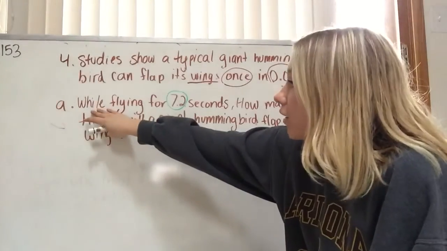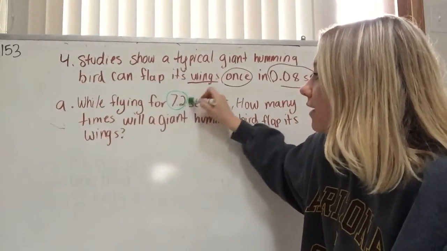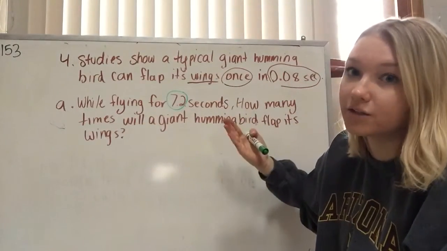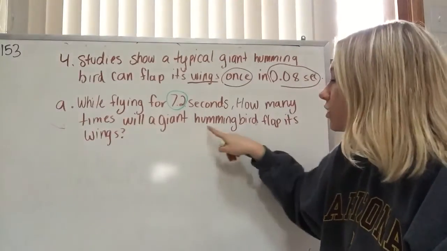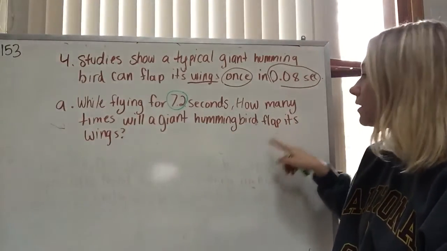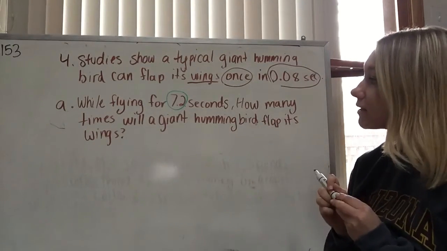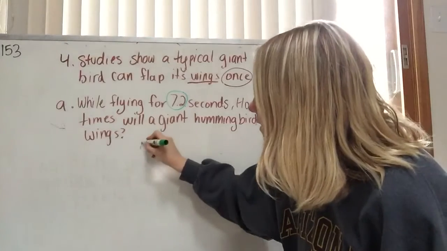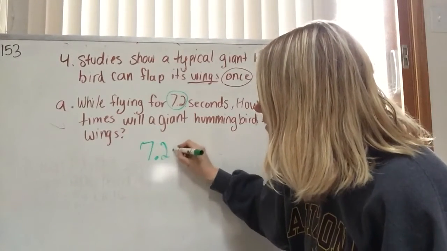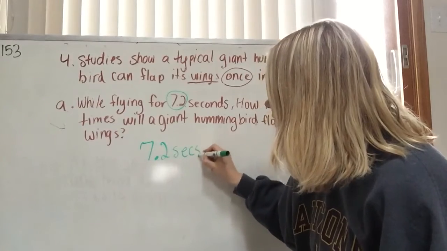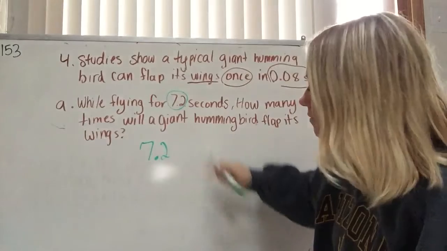So our question for A, it says, while flying for 7.2 or 7 2/10 seconds, how many times will a giant hummingbird flap its wings? So in 7.2 seconds, we can leave the label out for now because we know what we're talking about.